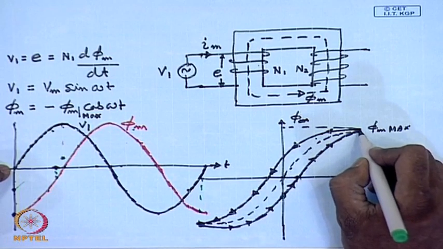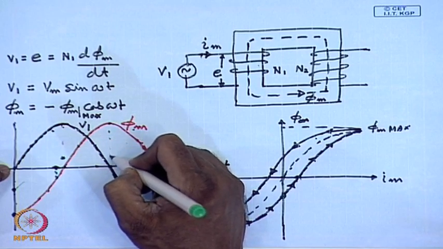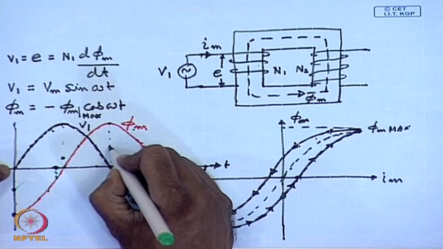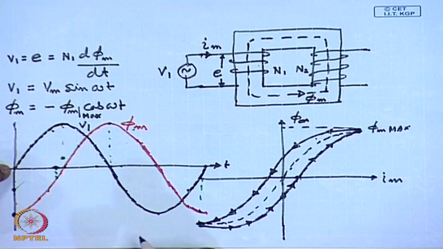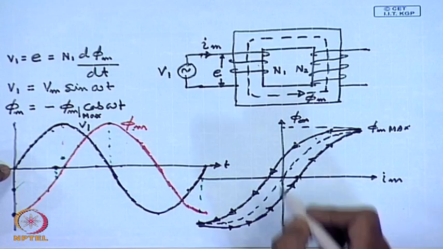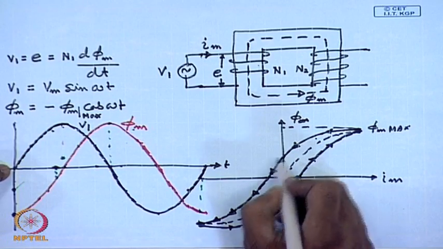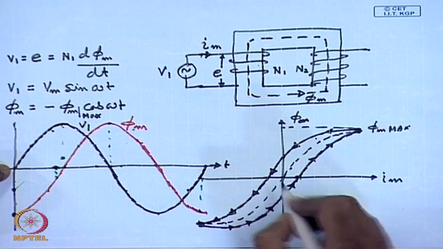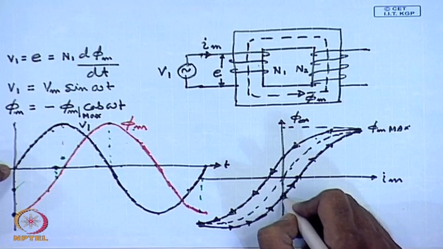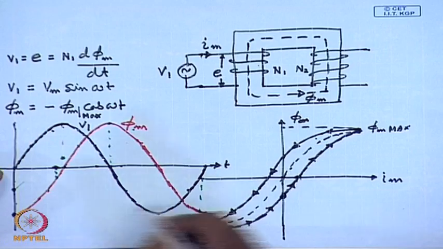And when the flux reaches its maximum value, the magnetization current also reaches its maximum value. On the return, when the magnetization current is 0, there is a small positive flux equal to the negative flux that was there when the magnetization current was 0 in the previous subcycle.